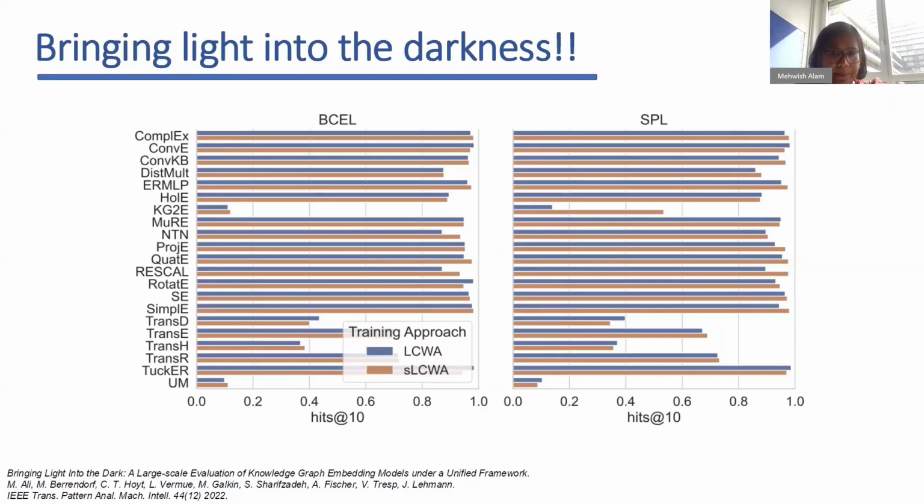So it's quite a good journal actually. And then this is a thorough analysis of all these algorithms, and what they found out is that even with hyperparameter optimization, you get comparable results with TransE, which was one of the first models, as compared to the models which were coming afterwards.